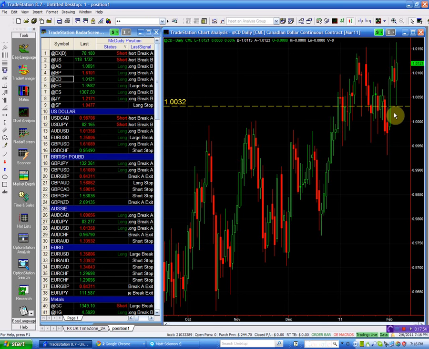Even though if you're looking at this as a traditional candlestick, you'd say, oh, that's a positive candlestick, in this case it is not. This is a negative chart pattern, and that is a sell signal for us on the Canadian.